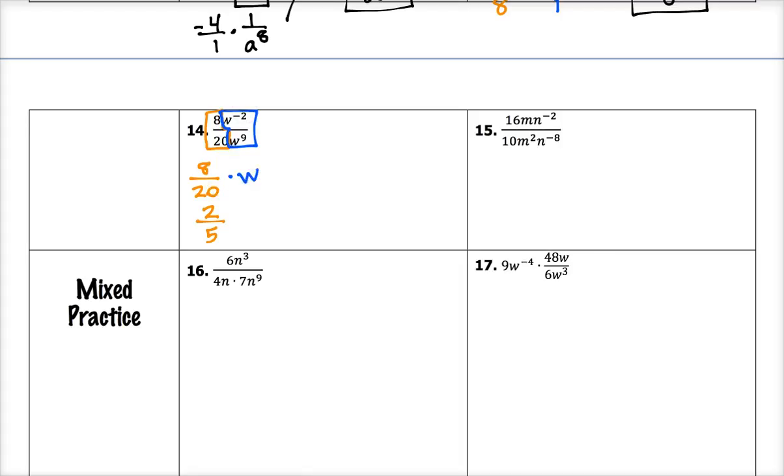So this is w to the negative 2 minus 9 power, which is w to the negative 11th power. W to the negative 11th we rewrite as 1 over w to the positive 11. And so our answer for this will be 2 over 5 w to the 11th.